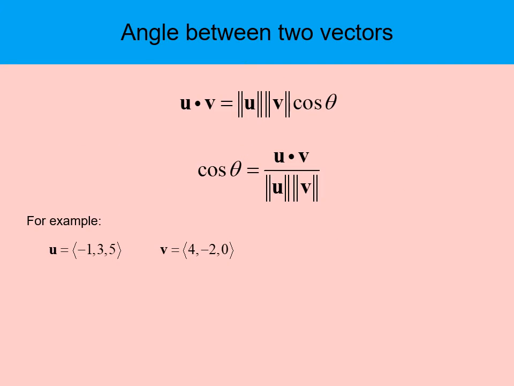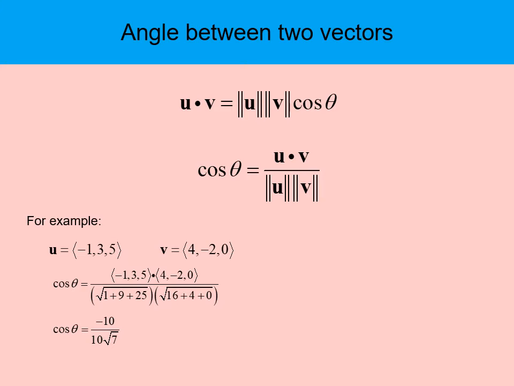So for these two vectors, we can find their dot product. That would be -1 times 4, 3 times -2, and 5 times 0 added together. And the product of their magnitudes: the magnitude of u being the square root of -1 squared plus 3 squared plus 5 squared, the magnitude of v being the square root of 16 plus 4 plus 0.